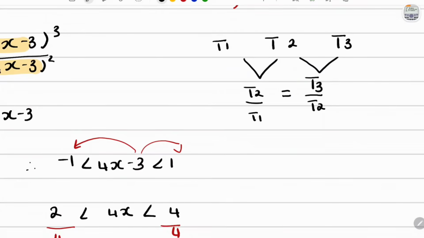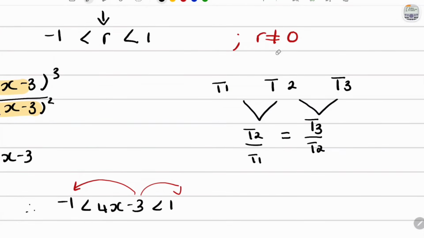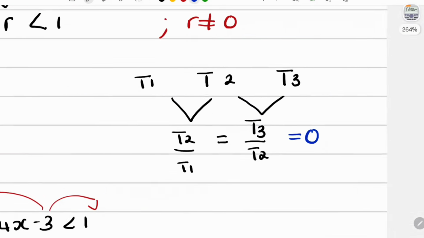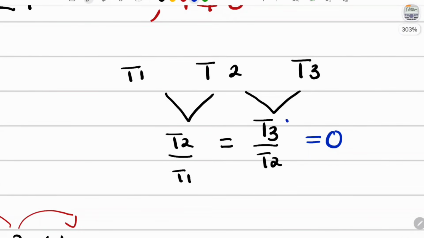Now, if your ratio really is equal to 0, that would imply that either term 3 is equal to 0, so you got 0 divided by whatever value term 2 was, or that term 2 was equal to 0, and then you divided by whatever term 1 was and got 0.